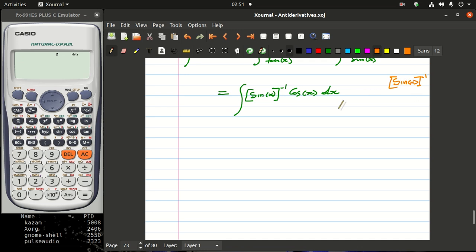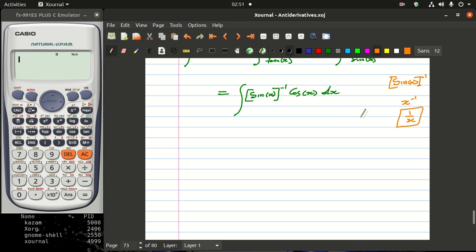So what we can see is this. Let's leave that for a moment. If I was having x raised to a -1 there, this is the same as 1 over x. And in the integration table, I know that the antiderivative of 1 over x is a natural log. But instead of having an x raised to -1 there, I have a function that is sitting in the value of x.